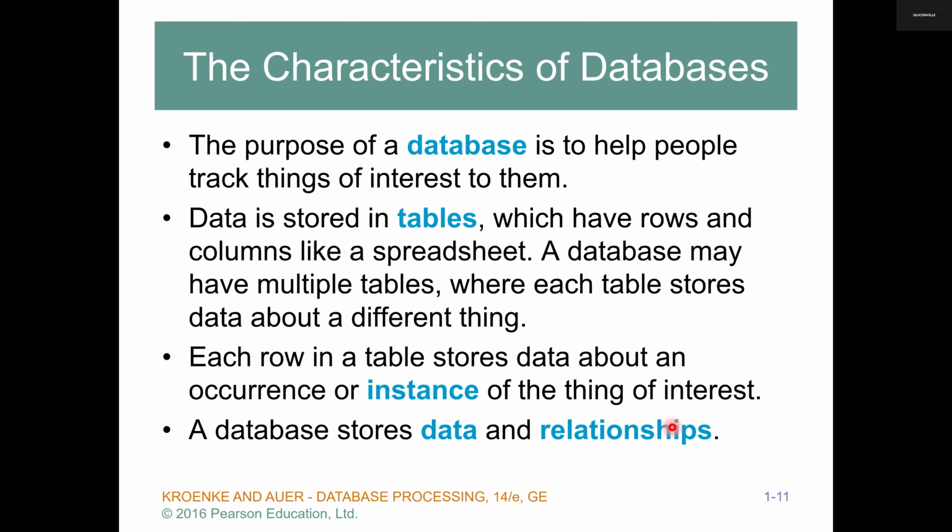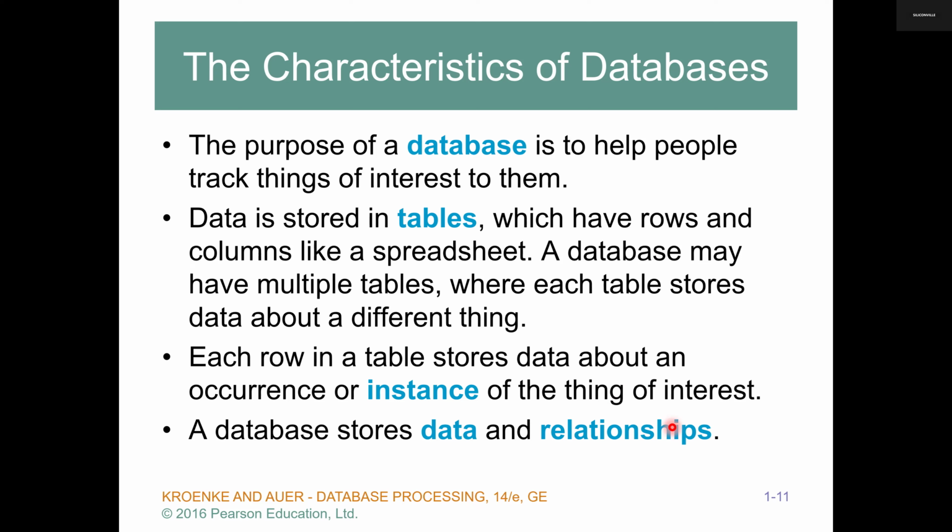So in each table there are rows and columns. Columns are basically like the titles: name, country, contact, in that order.